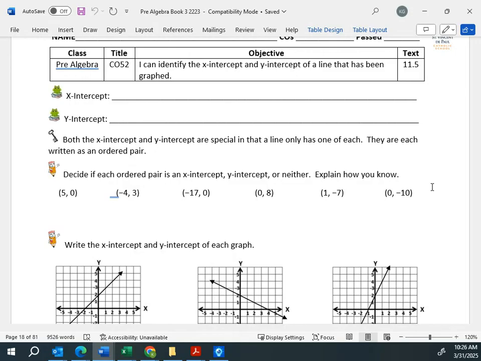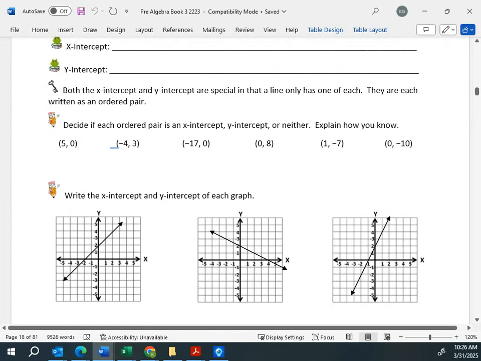We need to have a really good understanding of what the y-intercept and the x-intercept are, because the next few objectives get really into stuff that you will use in math class over and over and over for years to come. Okay? So those intercepts are a big deal. So we need to understand what they mean.